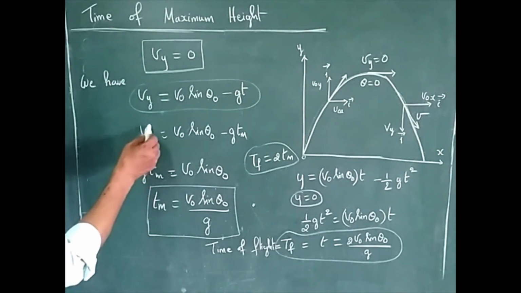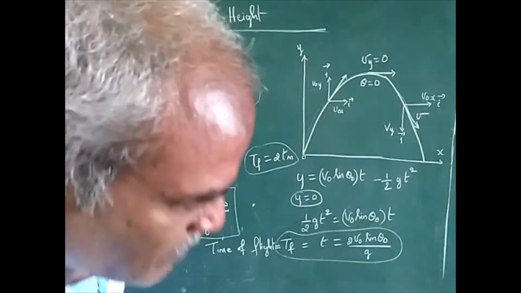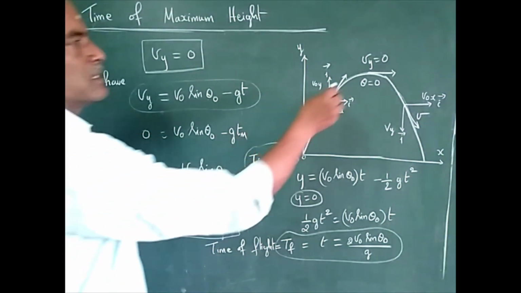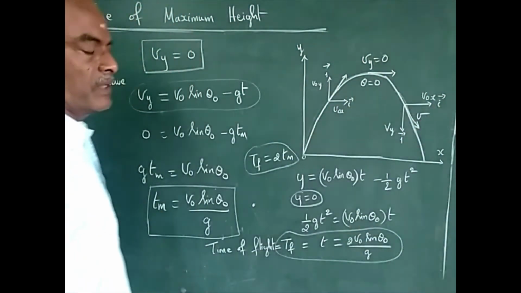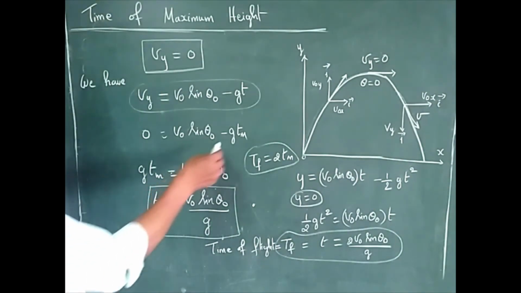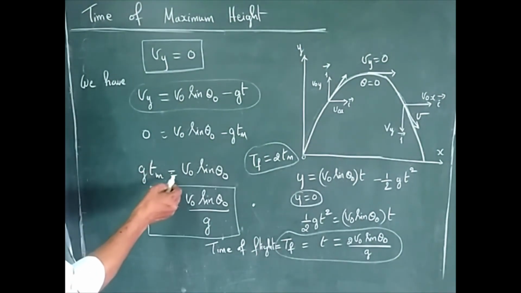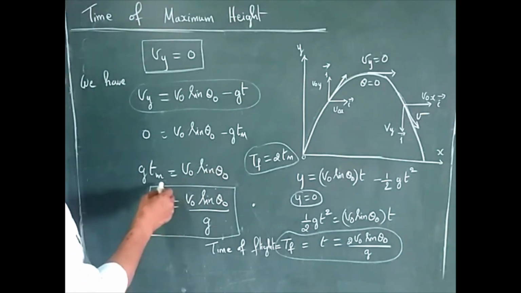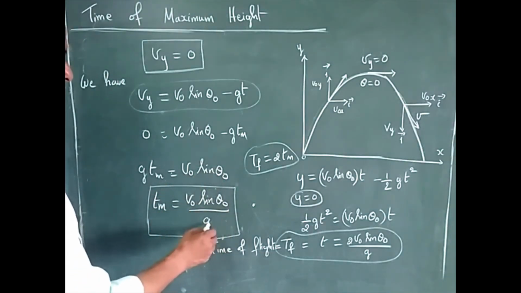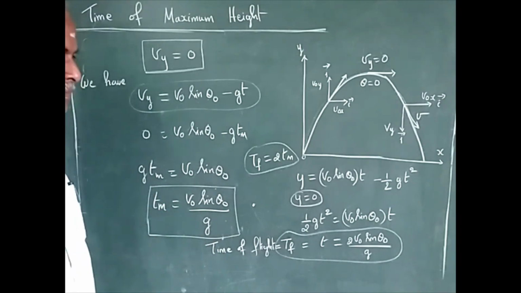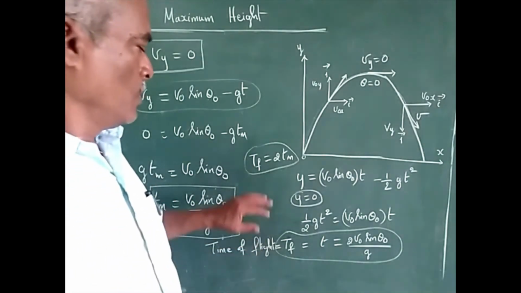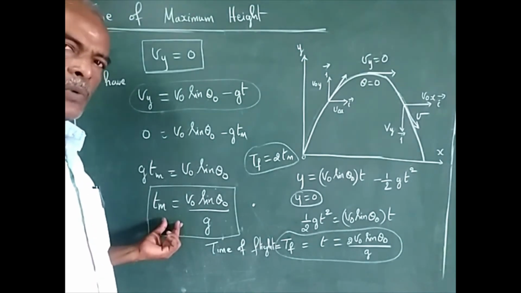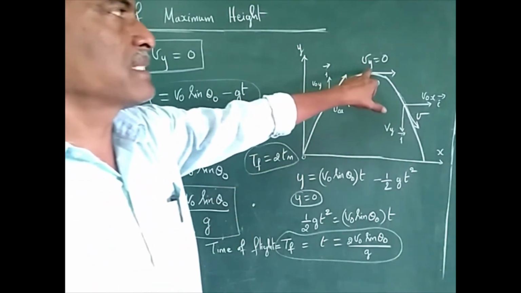So this term is replaced by 0, because we are considering at that point, not any other point. Therefore bring this g Tm this side, g Tm is equal to V naught sin theta naught, which is Tm is equal to V naught sin theta naught divided by g. You bring this g this side. Now we got the time required to reach the maximum height.